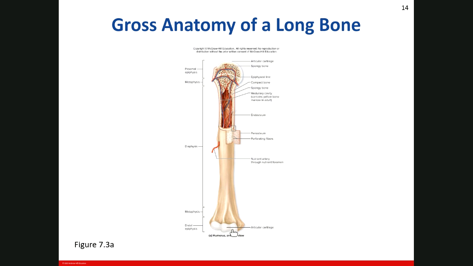The other part of the bone is located between the epiphysis and diaphysis, and this part is here. We call it the metaphysis. The other name of the metaphysis is growth plate or epiphyseal plate. This is a thin layer of hyaline cartilage, and it provides for lengthwise bone growth.